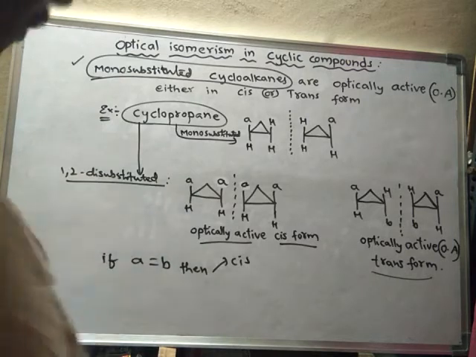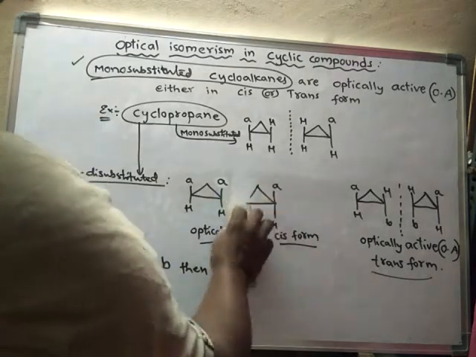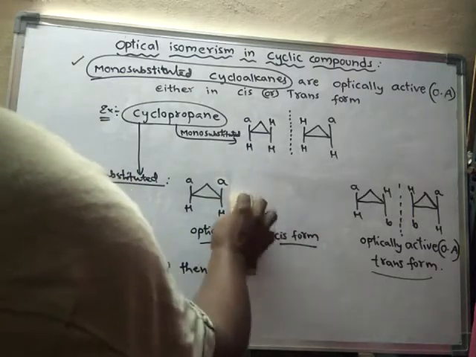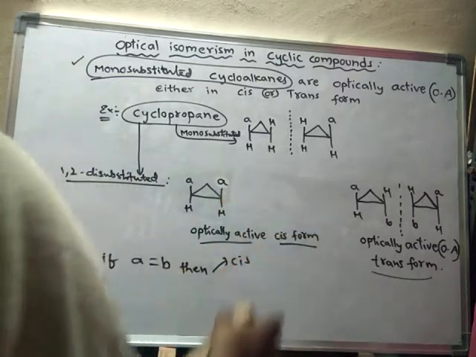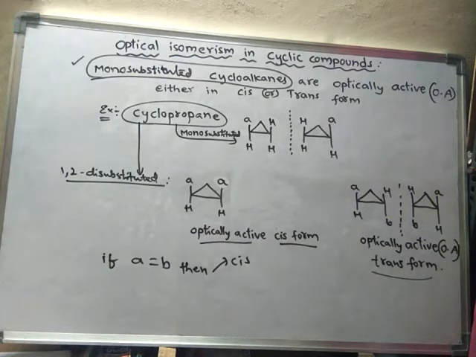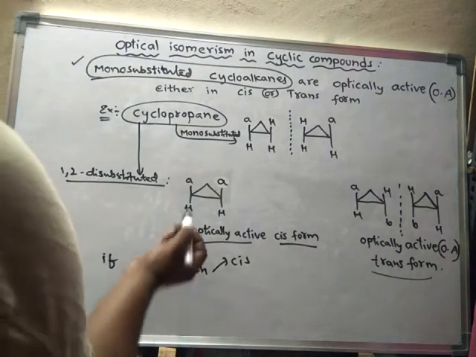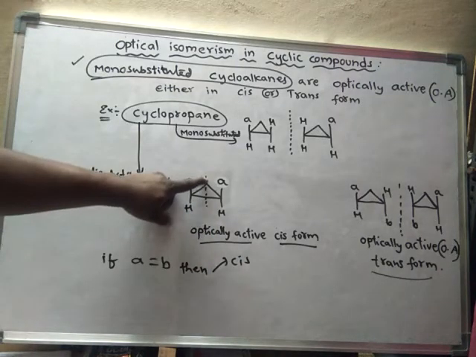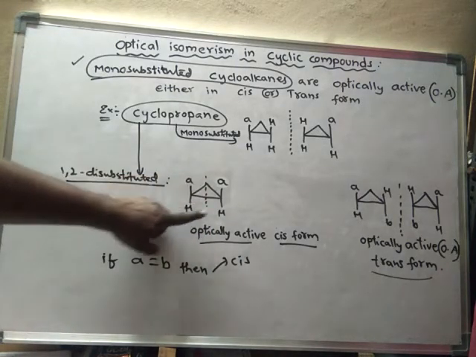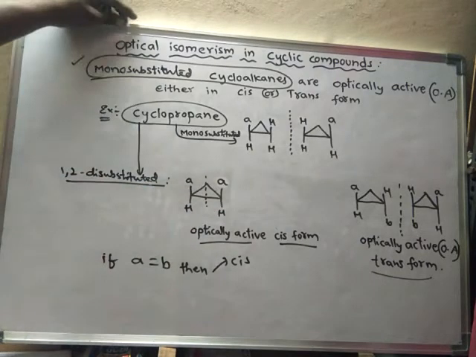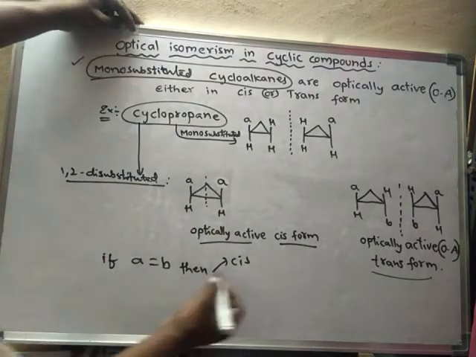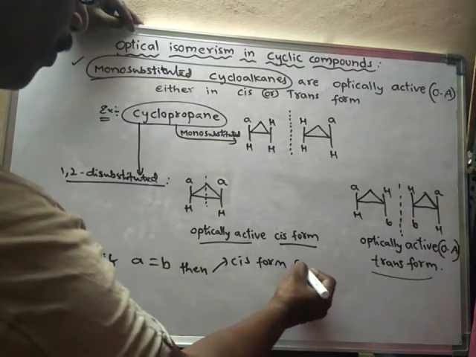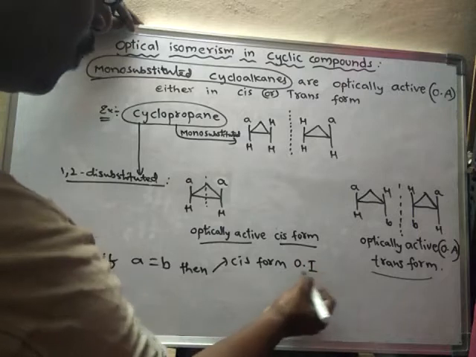Hence it is optically inactive because there is a plane of symmetry. So this plane can divide the entire molecule into two equal halves. So that means if A is equal to B, then the cis form is optically inactive. OI means optically inactive.